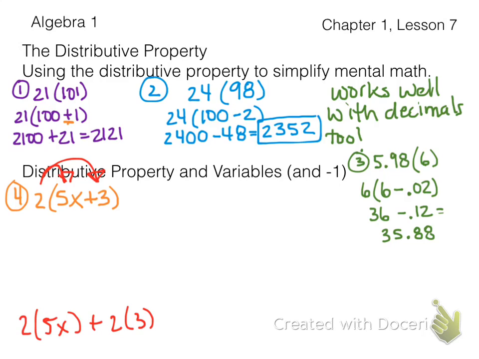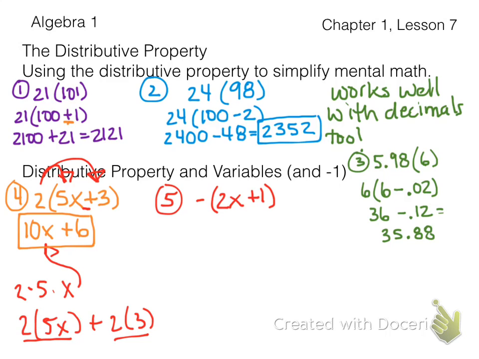All right, so that's the 2 times 5x plus 2 times 3, okay? And you're going to get 10x, because 2 times 5 times x is 10x, and you guys all know 2 times 3 is 6.